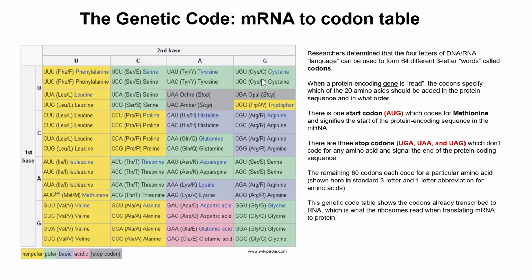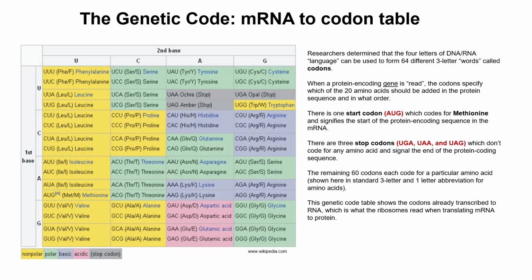So one thing about this is how researchers back in the day realized that the 4 letters of DNA or RNA language can be used to determine 64 different 3-letter word combinations called codons. So it's like reading another language here.